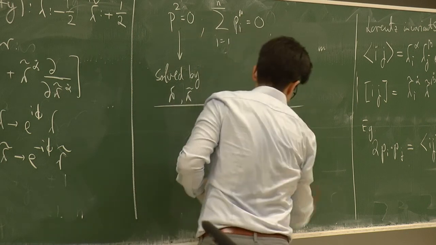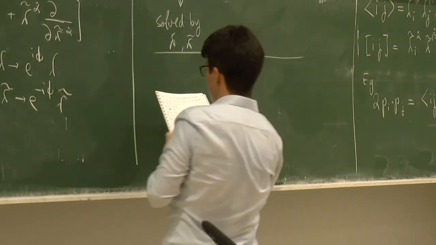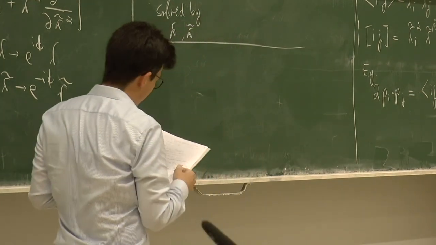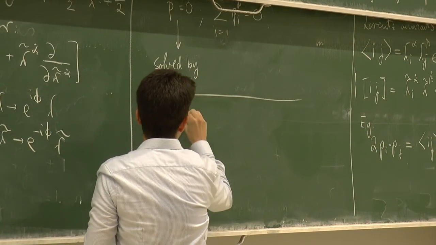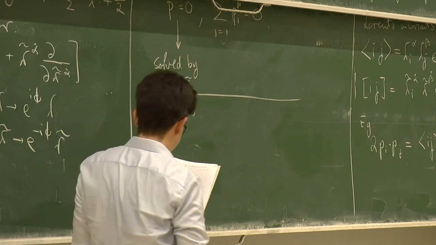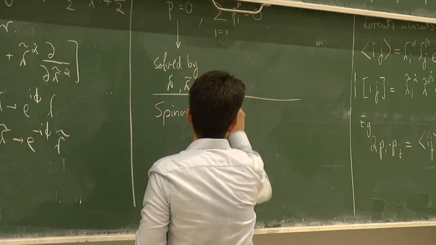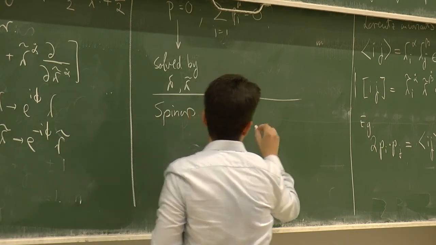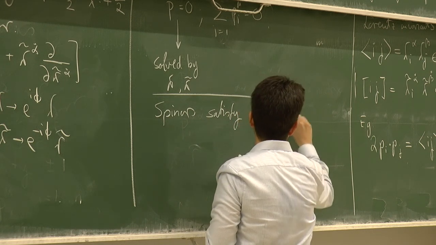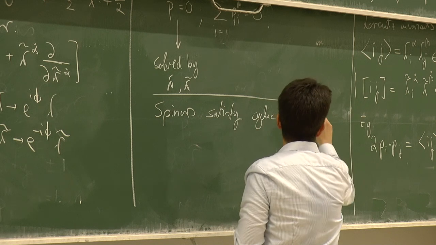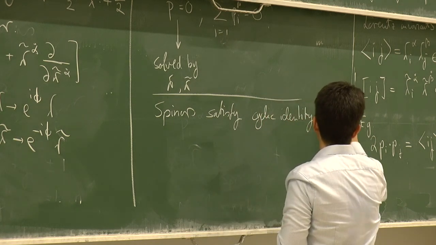So in fact, the spinors are not independent, they satisfy various identities. And if you wish, the very basic one is the following. They satisfy the cyclic identity. This is called the Schouten identity.